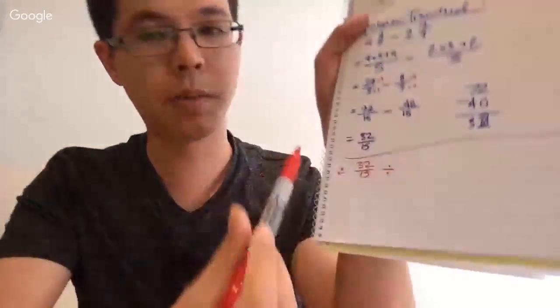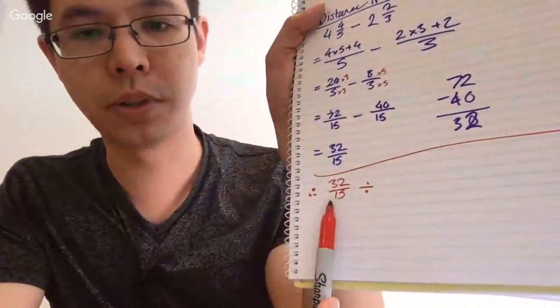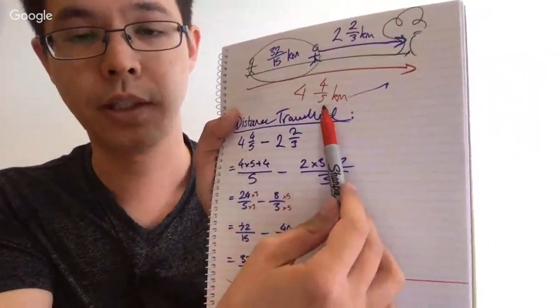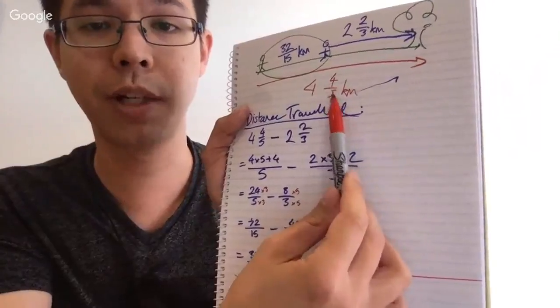So I'll change color. Therefore, 32 on 15 divided by, so I want to take my distance traveled divided by the whole distance, but I don't like mixed format because I can't work with that. I want to find the improper form.